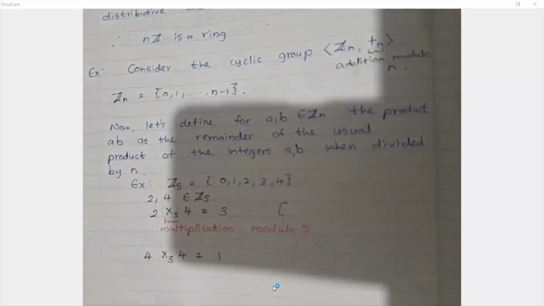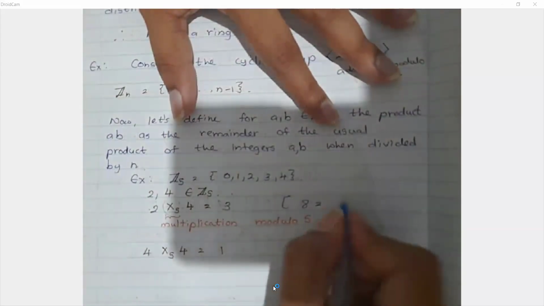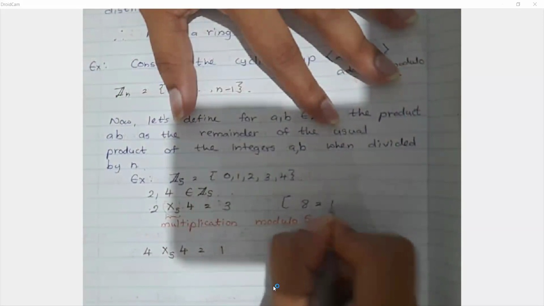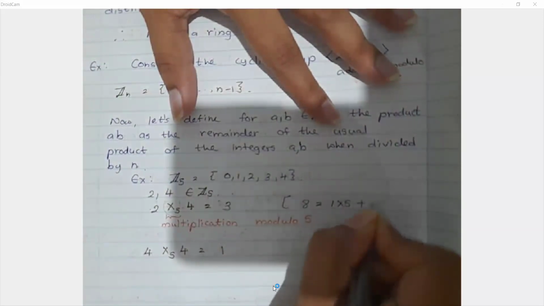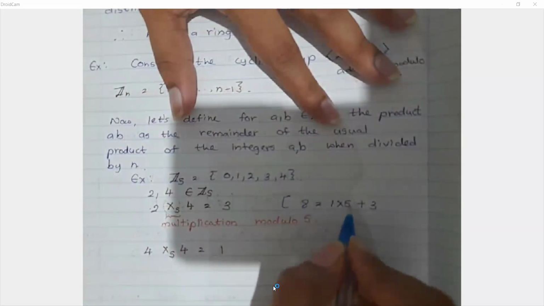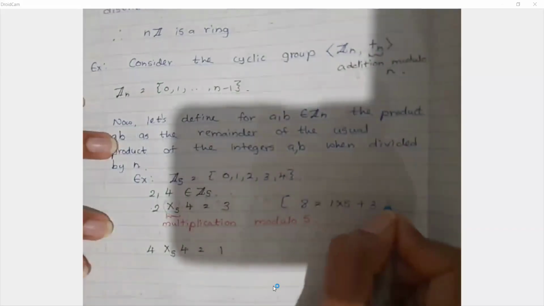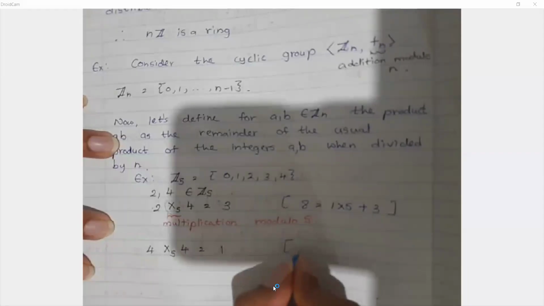This is not really needed; it is some extra for you to understand this more. 2 times 4 is 8, so we can write 8 as 1 times 5 plus 3. When you divide 8 by 5, you have one 5 inside and 3 as the remainder. Same here: 4 times 4 is 16.